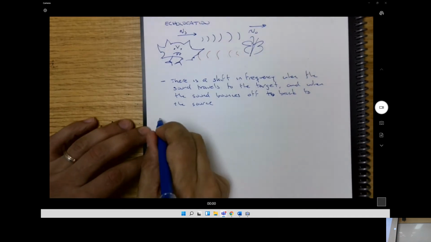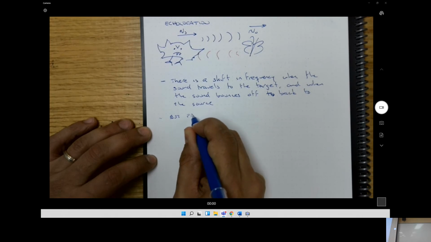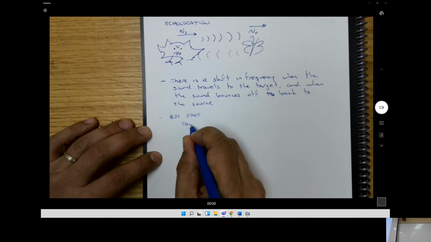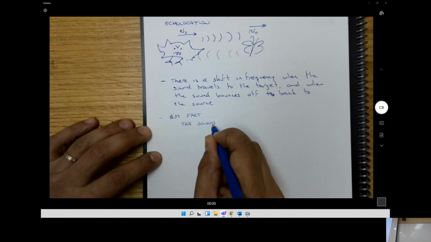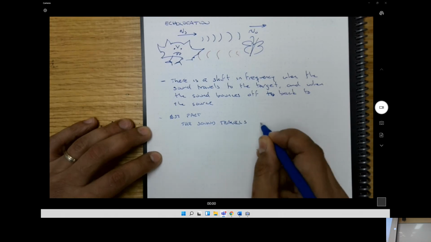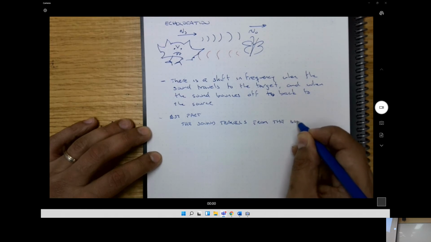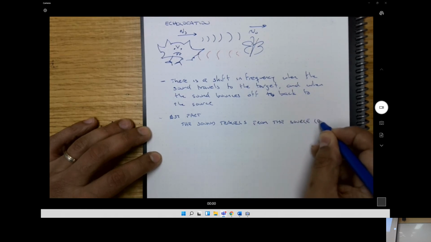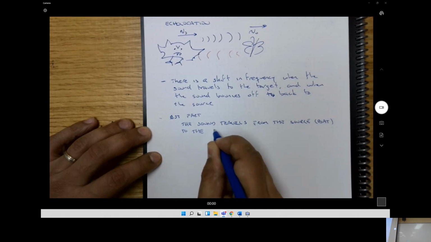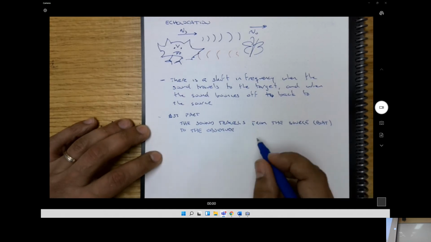Okay, so the first part, the sound travels from the source, in this case the bat, to the observer. And there's a shift of frequency.